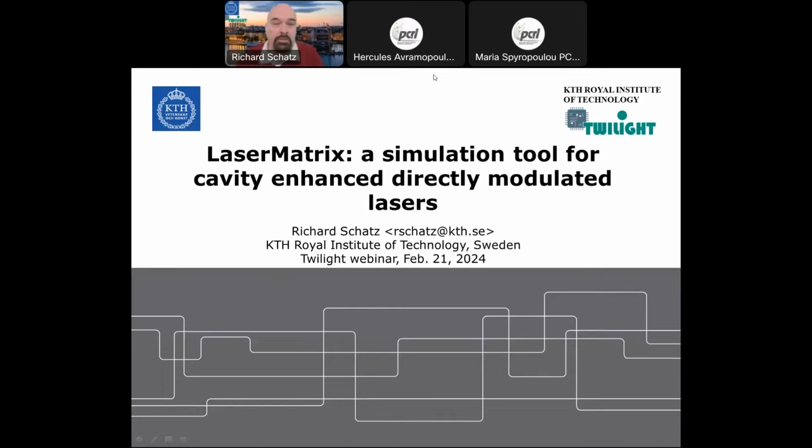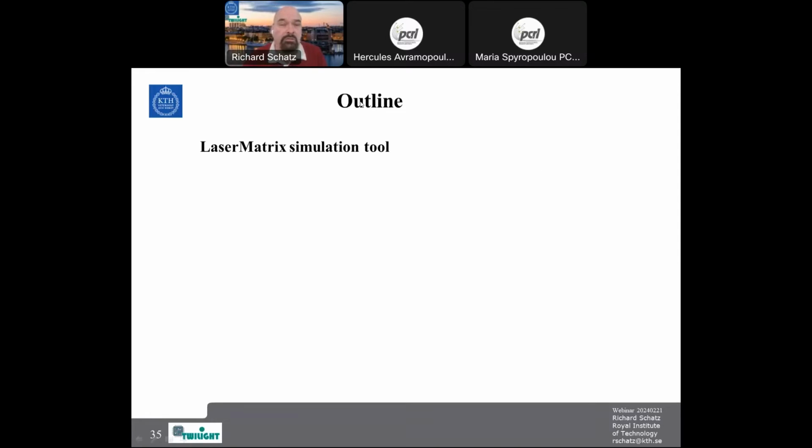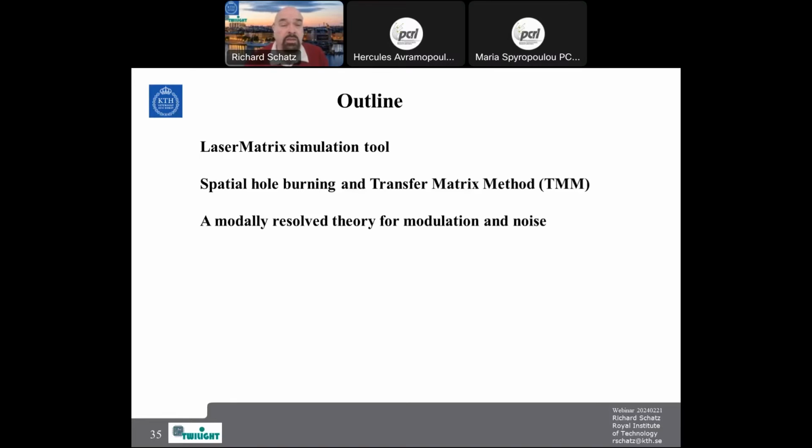So this second part of this webinar will be about LaserMatrix. It's a simulation tool for cavity enhanced directly modulated lasers, but generally a tool for any laser. The outline: first, some general things about the LaserMatrix simulation tool. Then I will explain a little about spatial hole burning, which it can simulate, and the transfer matrix method.